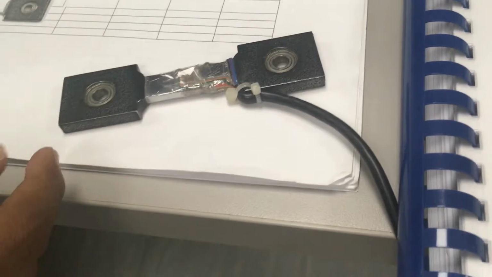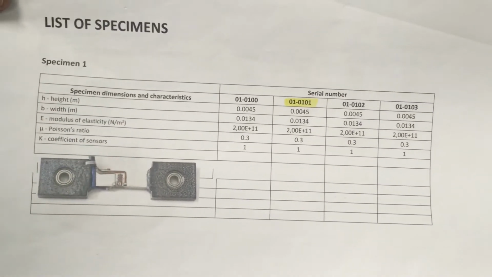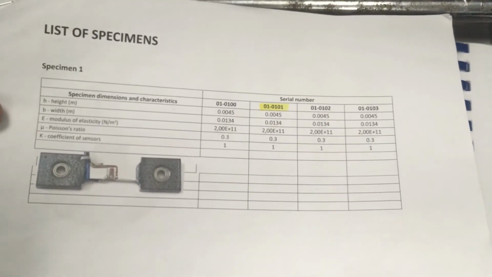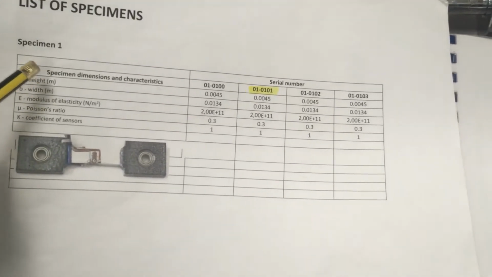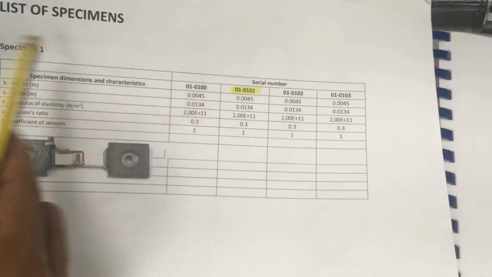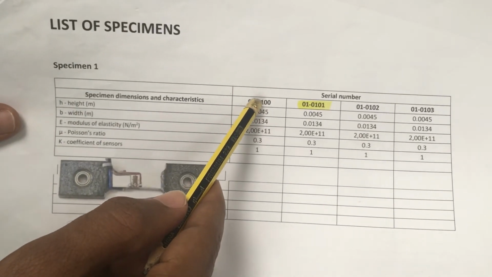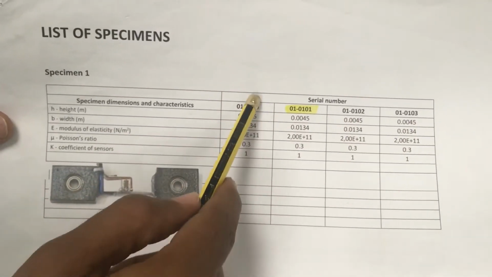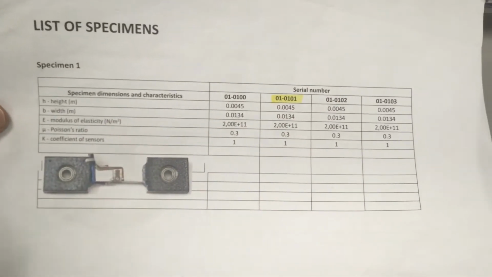In this specific experiment, we have the data sheet. It shows the specification of this element. Like height in meter, we will have our height, and as you know, we have four setups. So each one has a number 1, 2, 3, 4. We will use only one column, in this case, this second column.